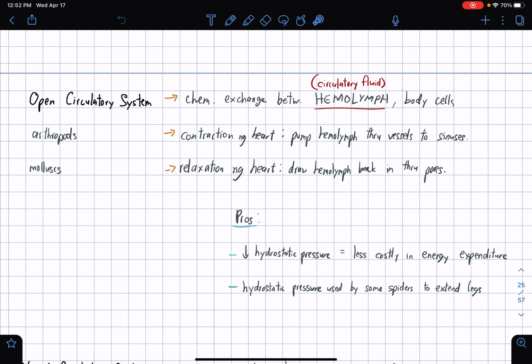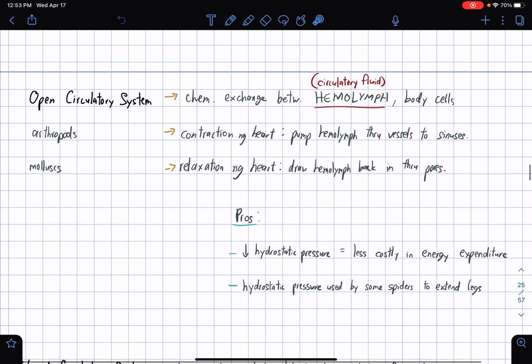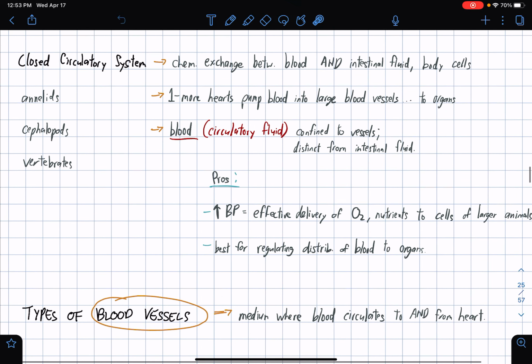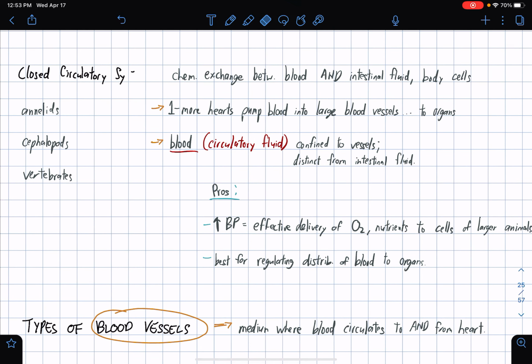Other species that exhibit an open circulatory system are arthropods and mollusks. But that's not for humans. We have, instead of an open, a closed circulatory system. This is a chemical exchange between blood and interstitial fluid as well as body cells. It has one or more hearts, for instance, octopuses.